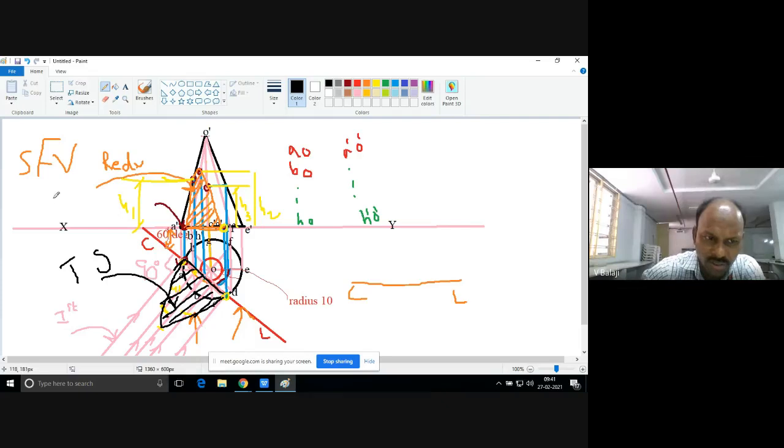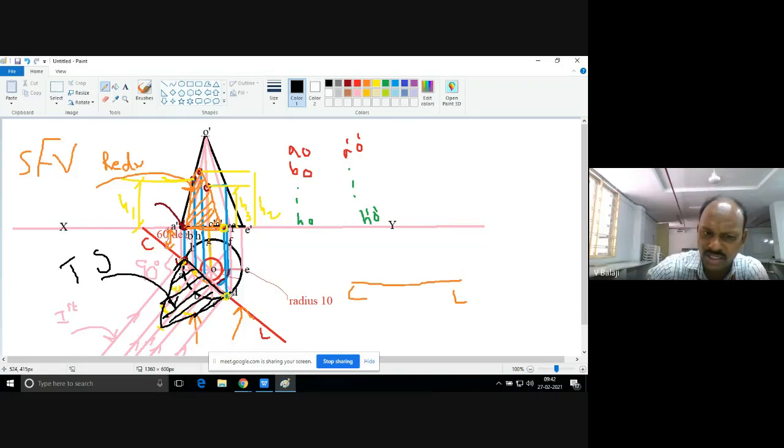Whatever you are looking at in the sectional front view, that is apparent size or reduced size. So to get the actual shape at the cutting zone, we need to look at the cutting zone at 90 degrees to that sectional plane. So we will get the true shape. Okay.